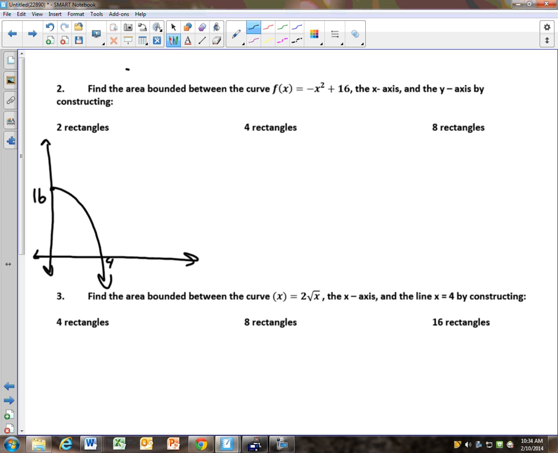Two rectangles. So I take my width times the sum of the heights. My width is 2 times f of 2 plus f of 4.